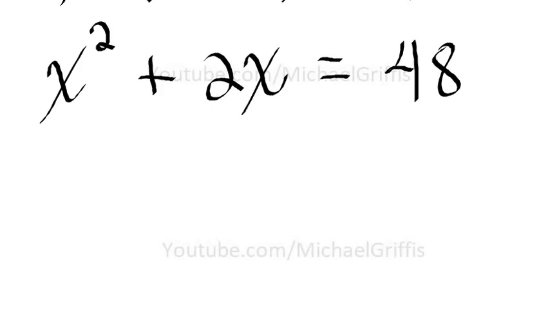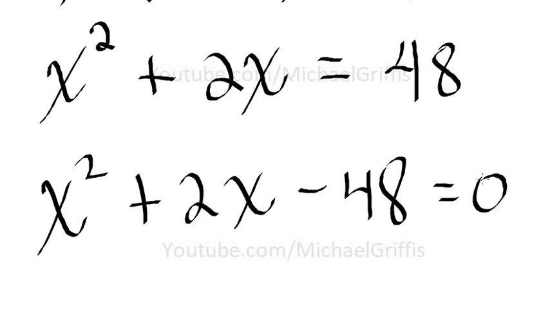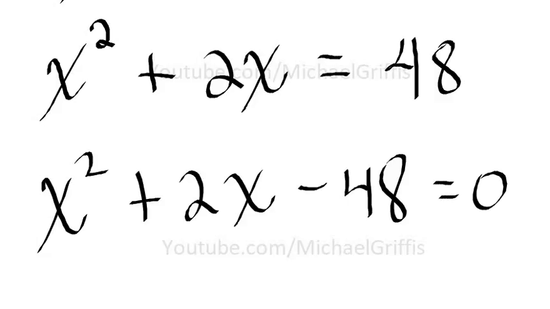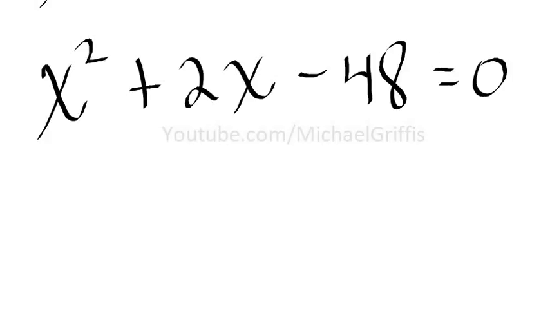Let's bring that 48 over to the left, so we have x squared plus 2x minus 48 is equal to 0. All right, we're just subtracting 48 from both sides, and it ends up over on the left. All right, we're looking for two numbers that we can multiply together that gives us 48.